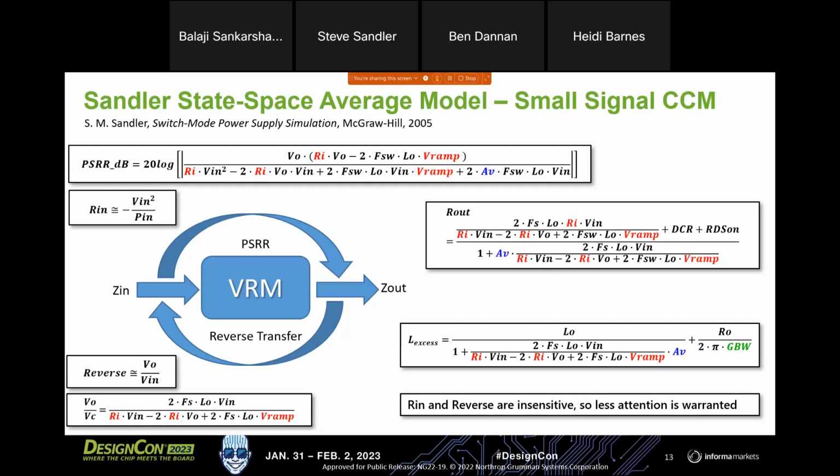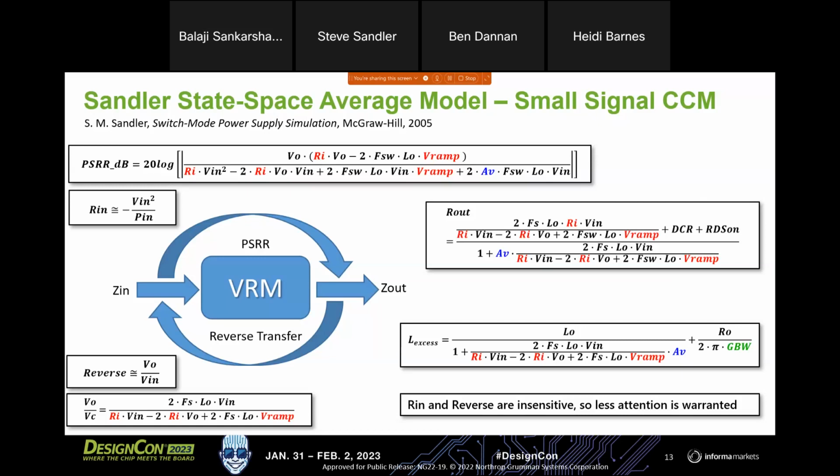But there's really a more direct reason that I wanted to include these equations. You'll notice that I highlighted in red the two terms that are generally unpublished that are key to populating the model, RI and VRAMP. And those two terms both appear in every one of these equations.